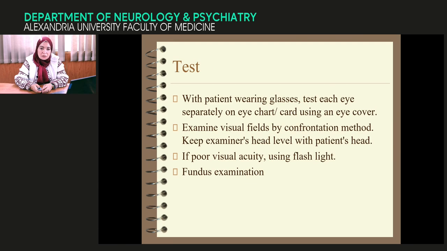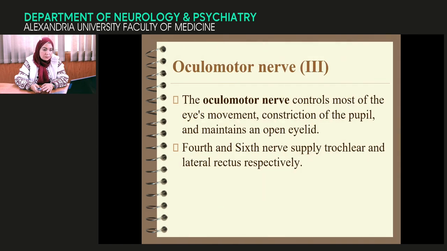Examine the visual field also. In our case, in neurology, we use the confrontation method. But if we need a sophisticated one, we send to ophthalmology. In case of poor visual acuity, we use a flashlight instead of fingers. Also, one of the tests of the optic nerve is fundus examination.